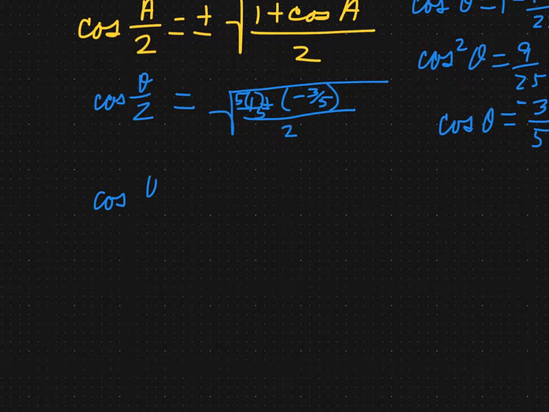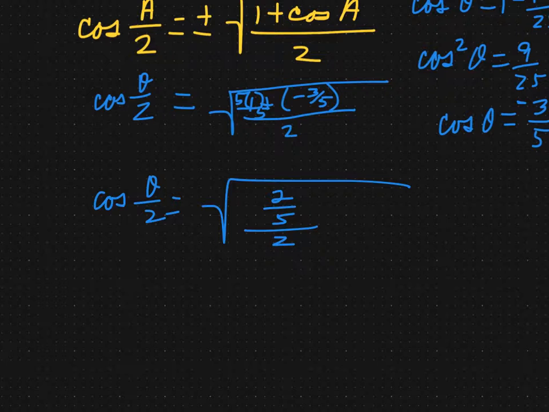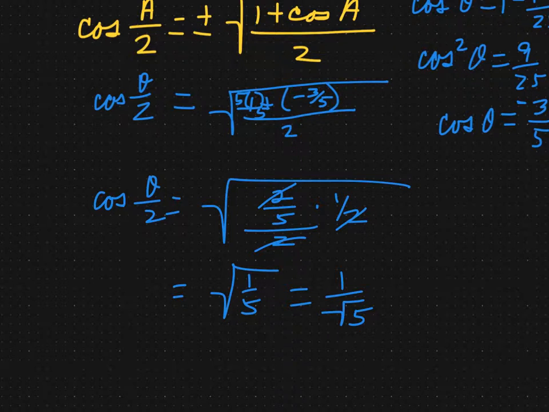Cosine of theta over 2 is the square root of 5 minus 3 is 2/5 divided by 2, which is the same thing as 2/5 times 1/2, which you get the 2's to cancel. It would be the square root of 1/5, or 1 over the square root of 5, or the square root of 5 over 5.